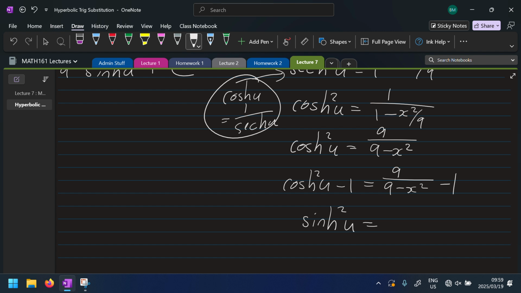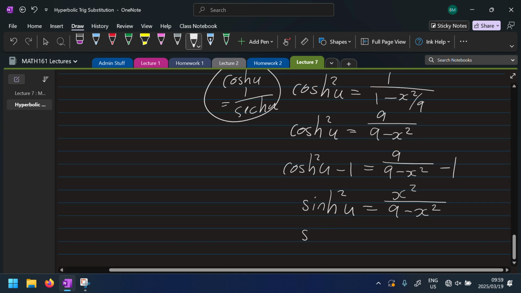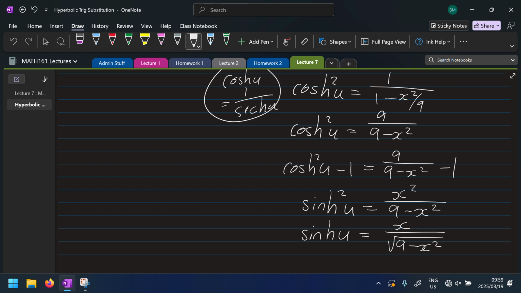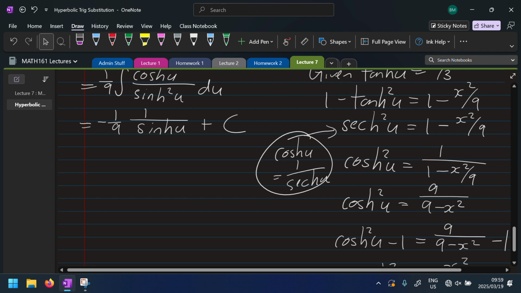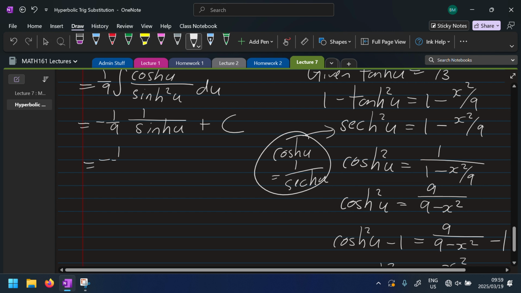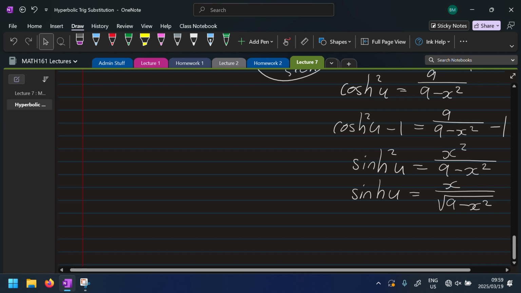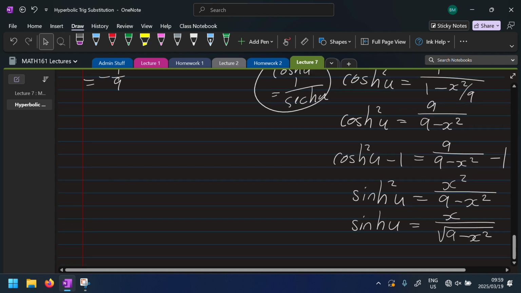And then minusing 1, that simplifies to x squared over 9 minus x squared. Finally, taking the roots on both sides, we get sinh u is x over root 9 minus x squared. Which we can then substitute into what we've got there. So this is going to be minus 1 over 9, and then we'll just flip it because it's 1 over sinh.